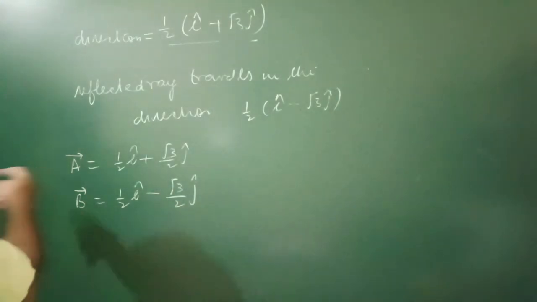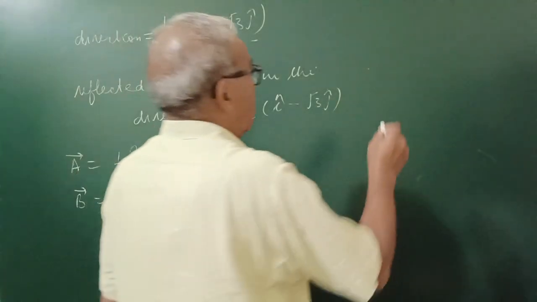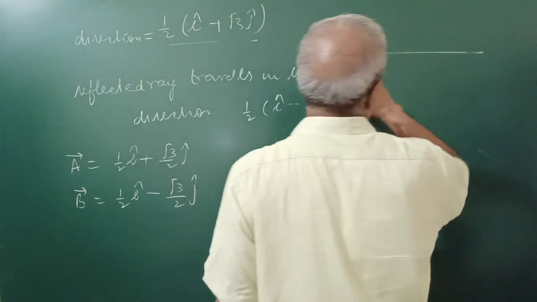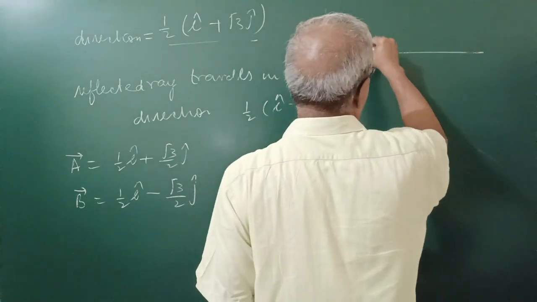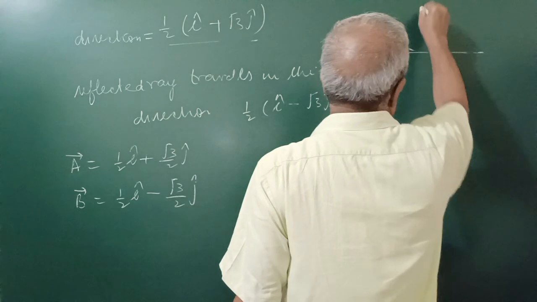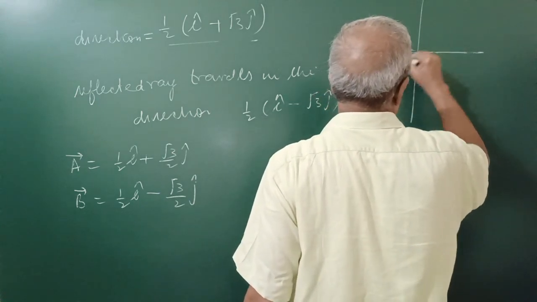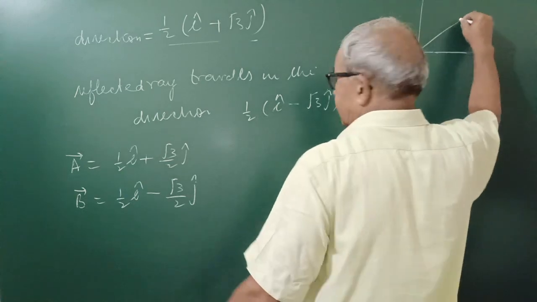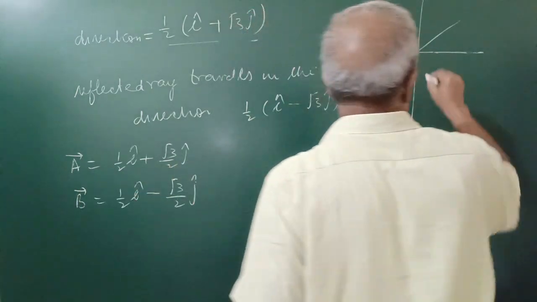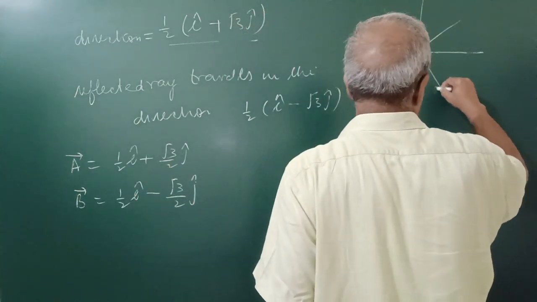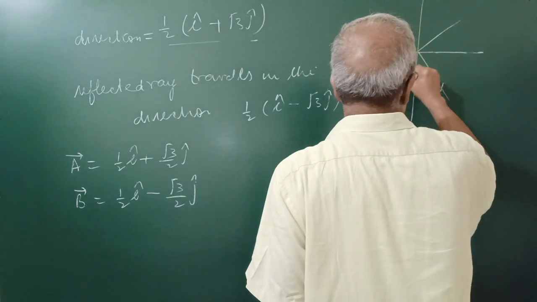So these are two vectors. You may think here that if it is a plane mirror here and it is normal here, so this is the path followed by vector A. It is reflected as B. If this angle is i, this is also i.